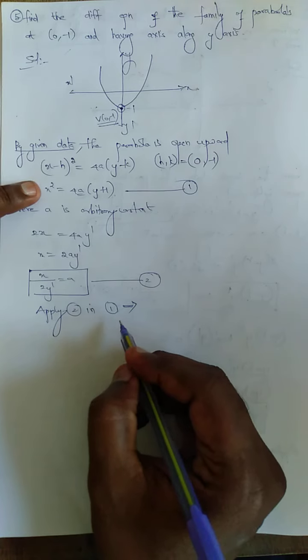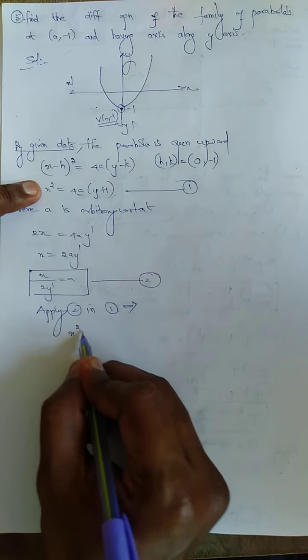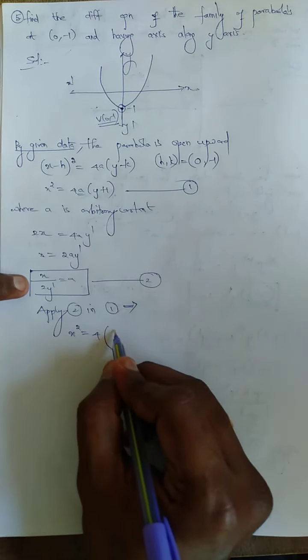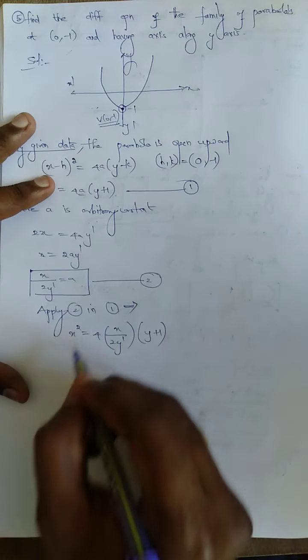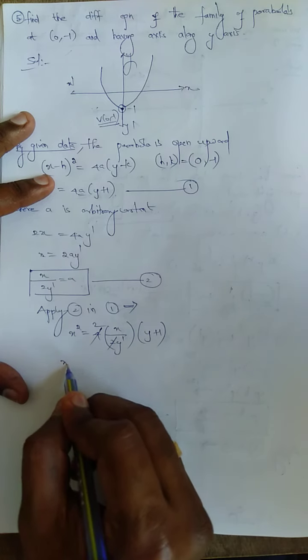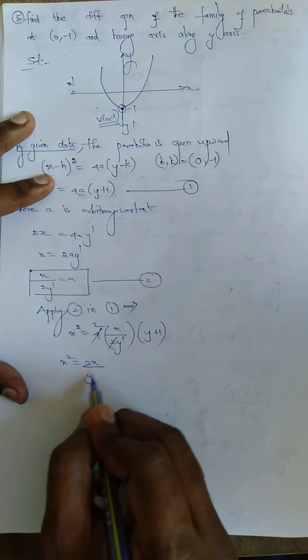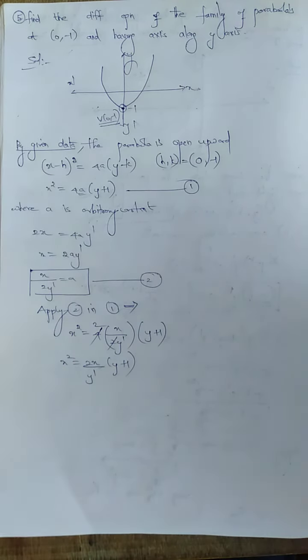Apply it: x square equals 4 times a, which is x divided by 2y dash, into (y plus 1). Cancelling the 2, x square equals x y dash into (y plus 1).